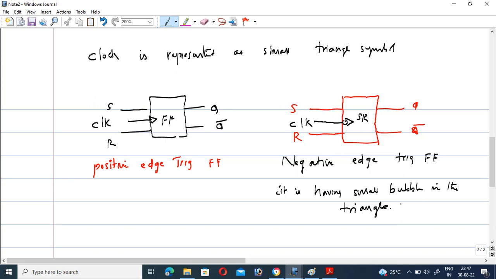Moreover, the clock is also very useful if you want to control the sequence of operations. Obviously, we need a clock signal.